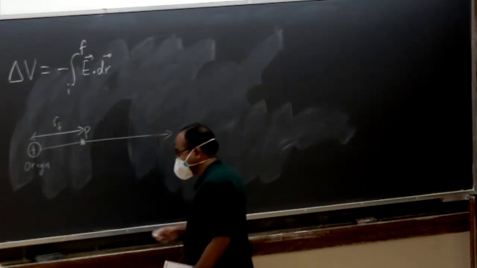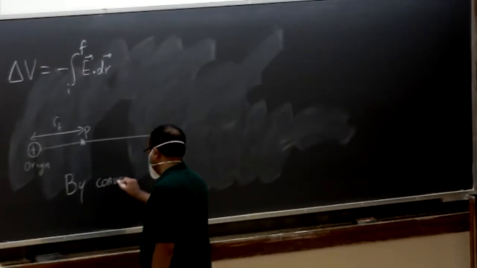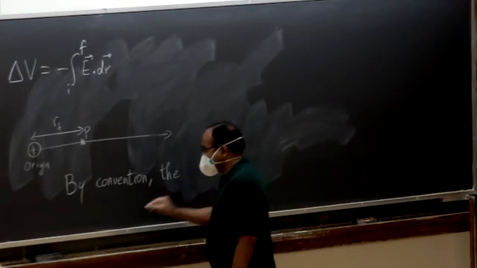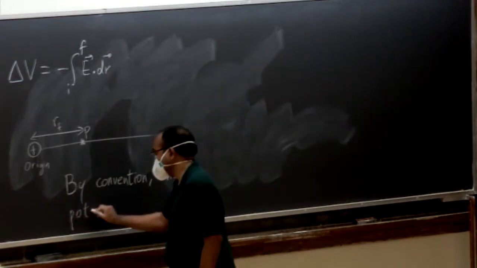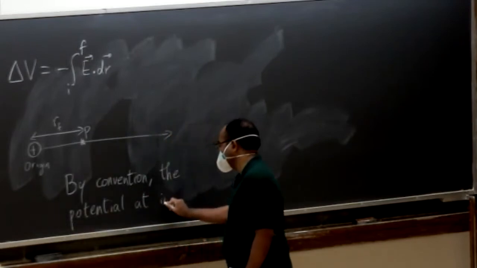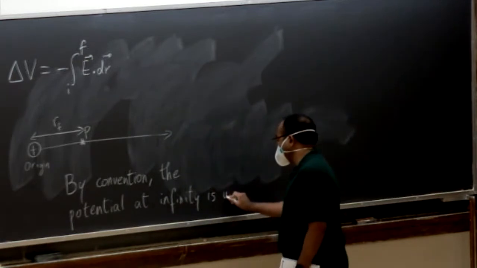So by convention, the potential at infinity is usually chosen to be 0.